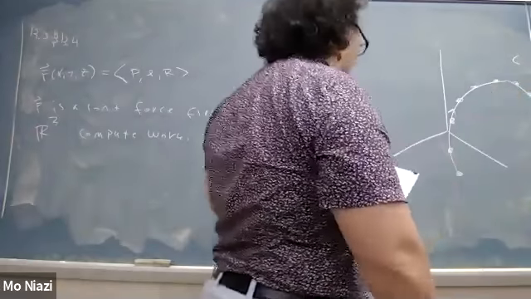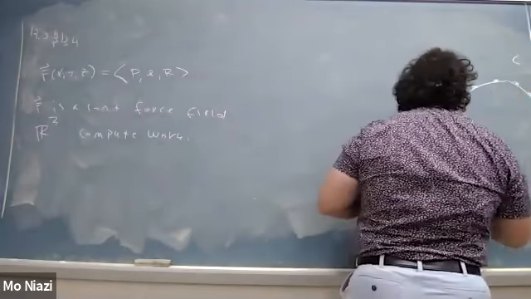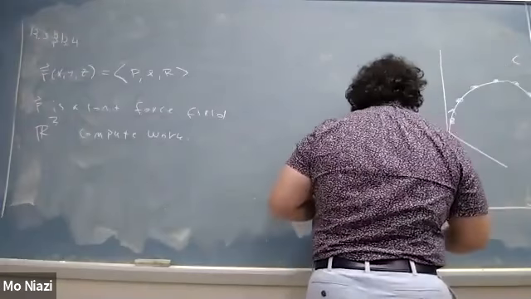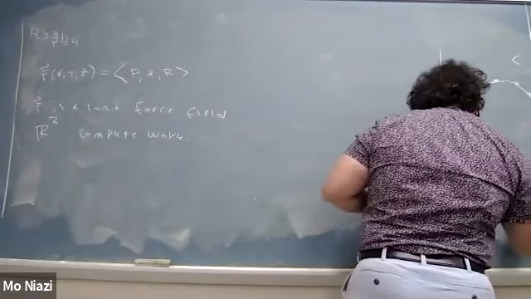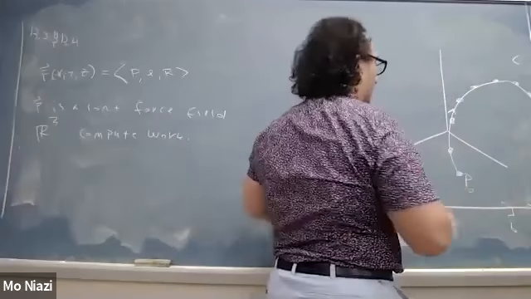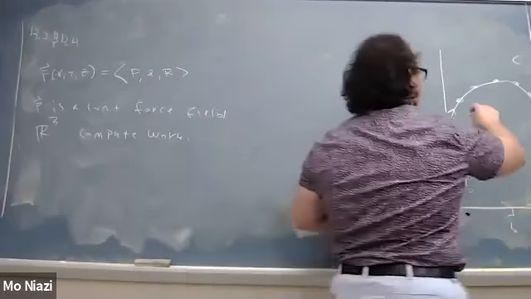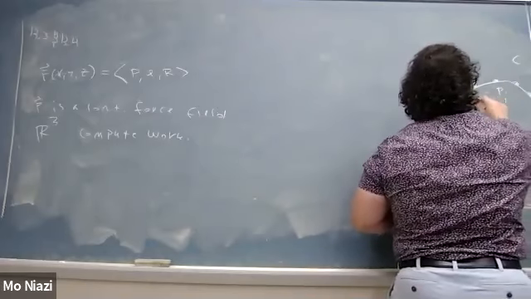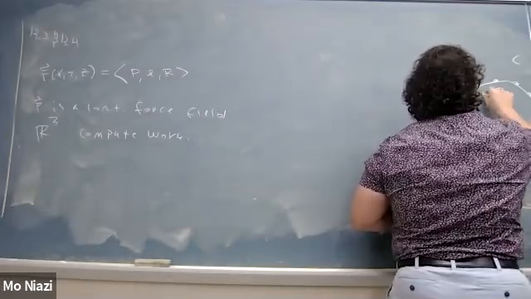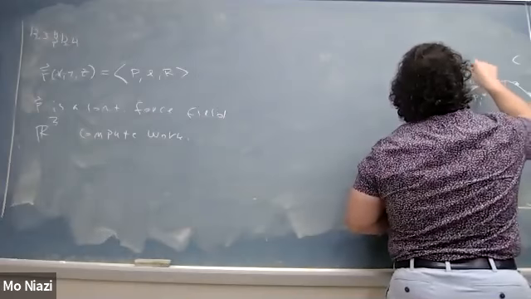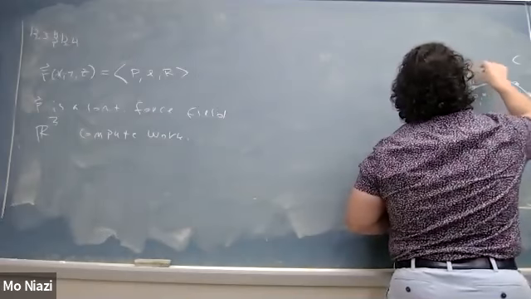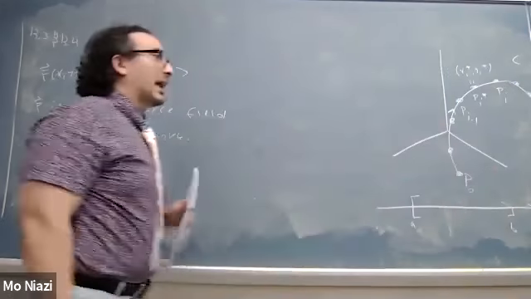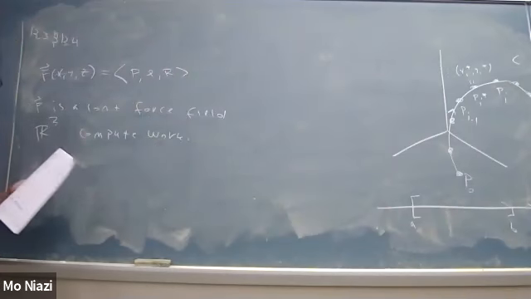We can partition this curve C into a bunch of points. Here's some P naught. Here's some independent parameter space ranging from a to b. Clearly, the initial parameter maps to P naught. Then you go all the way, and you get some P i minus 1 and some P i, and you get some P i star, where P i star is equal to x i star, y i star, z i star, and you can think of that as the mapped average between P i and P i minus 1.